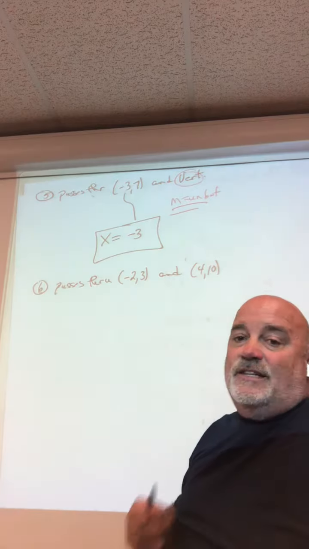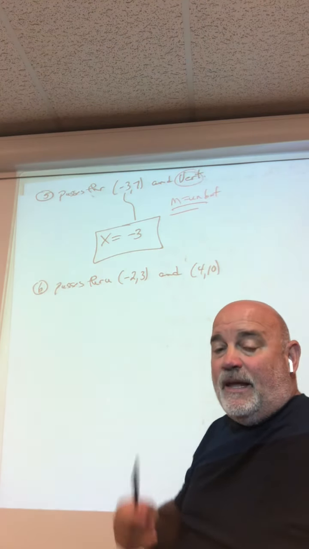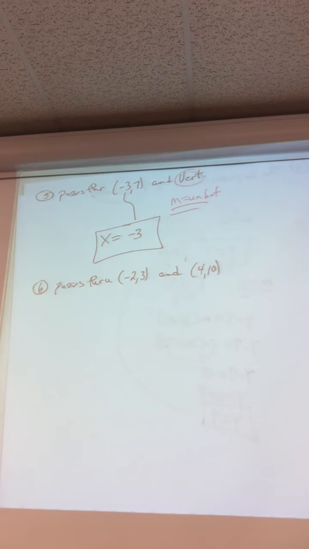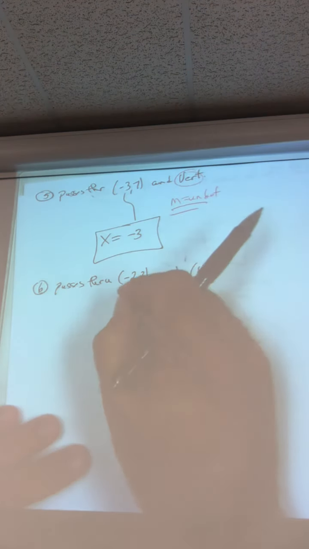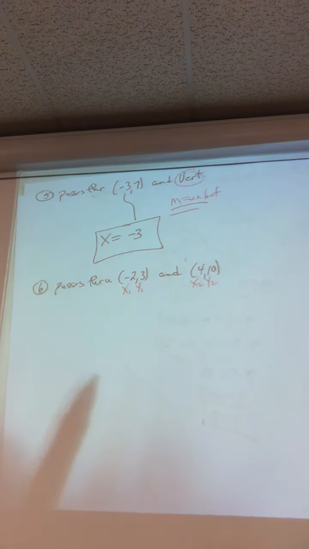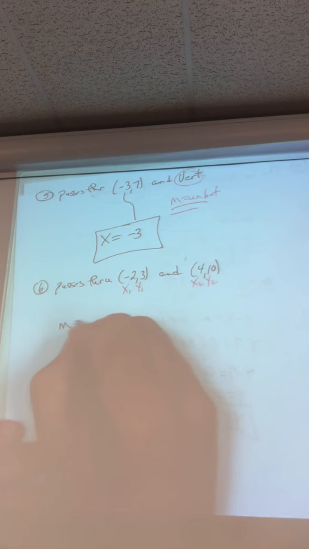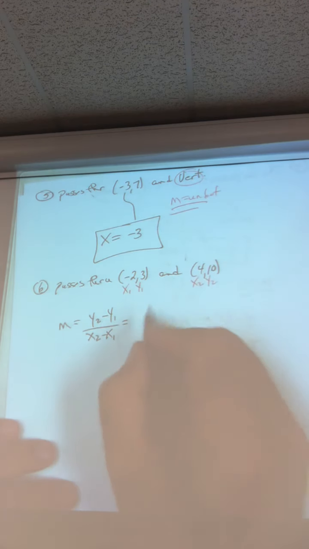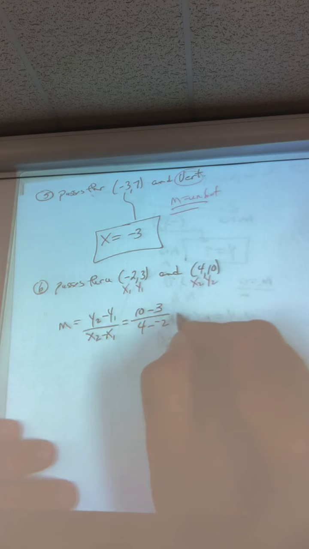Can we find the slope of a line if we have 2 points? Yes, we did that in section 3.4 at the beginning of section 3.4. How do we find the slope of a line if we know 2 points? We use the slope formula. So what I'm going to do here is m equal to y2 minus y1 over x2 minus x1. y2 is 10, y1 is 3, x2 is 4, x1 is -2.